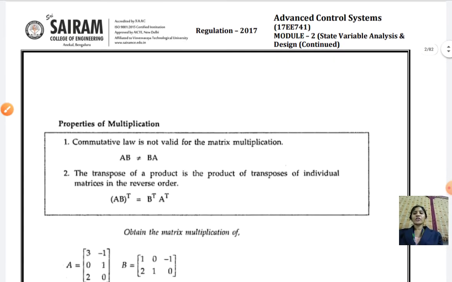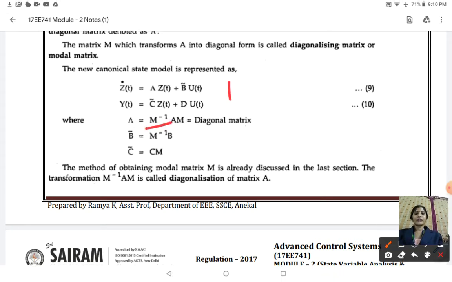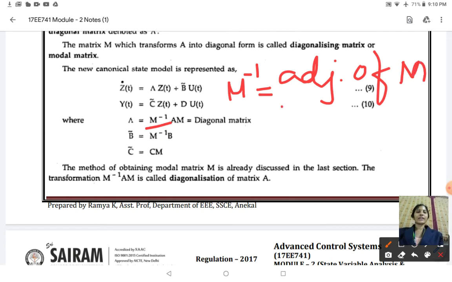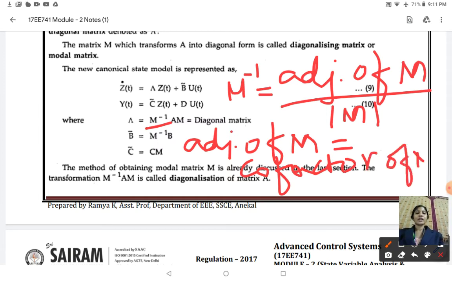So we need to identify what is your M inverse. The formula to identify M inverse is: M inverse is adjoint of M divided by determinant value of M. The adjoint of M is equal to the cofactor matrix of M transpose.